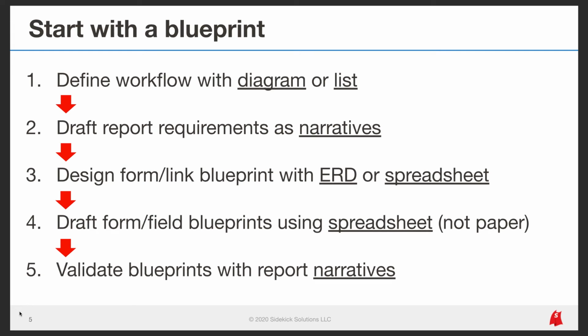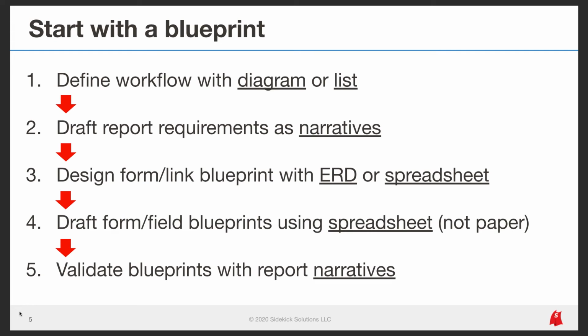From there, you'll have basically enough information to start a form and link blueprint using either an ERD, and we'll talk about that in a second, or a spreadsheet to map out your forms. With that spreadsheet, you can draft your field blueprints on each form. We generally recommend that you don't do this on paper forms. And then you can validate your form and link and field blueprints against your report narratives to round out.